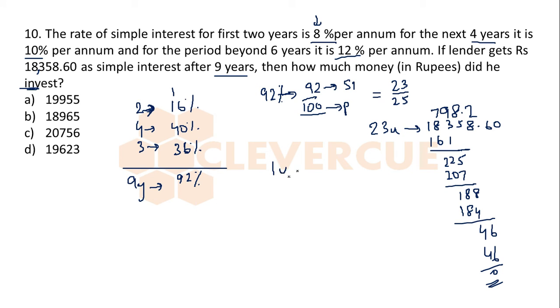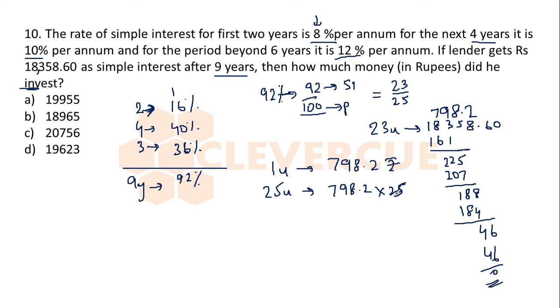Now the value of 1 unit is 798.2 rupees. Okay, I think that is clear. Now we have to find the total money he invested, or which is lent. Now that is equal to 25 units, and 25 units will be 798.2 into 25.